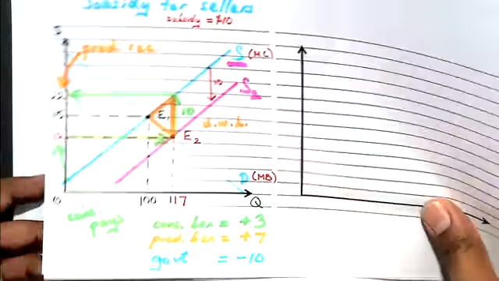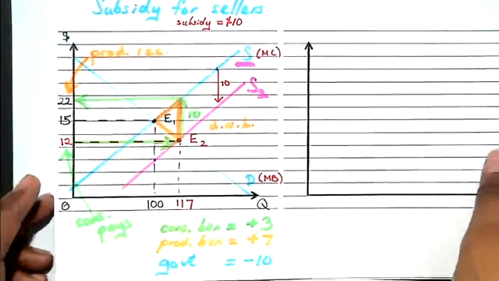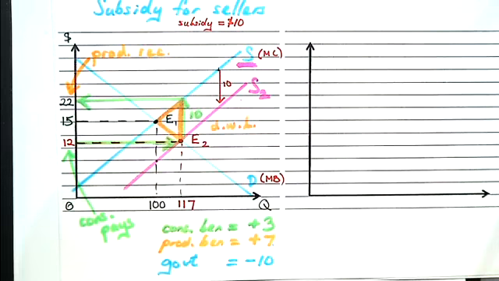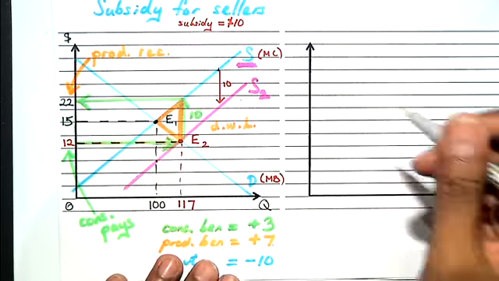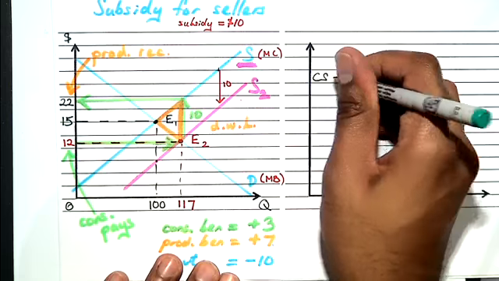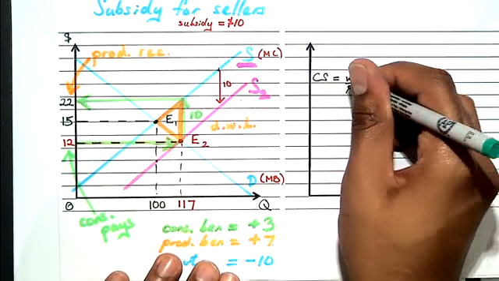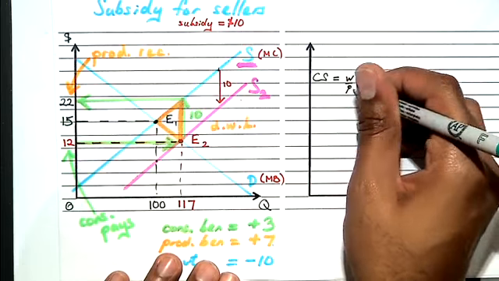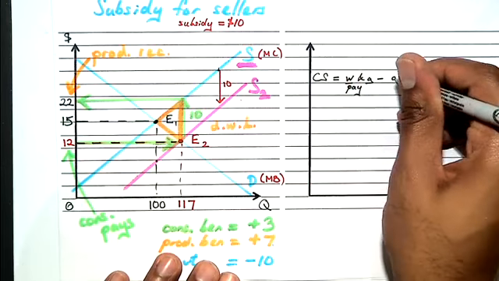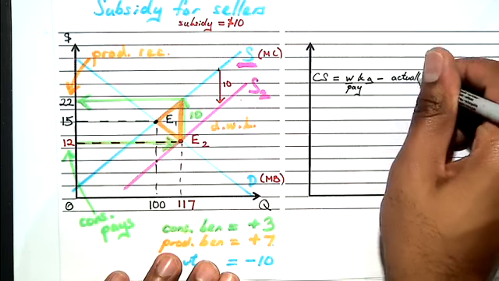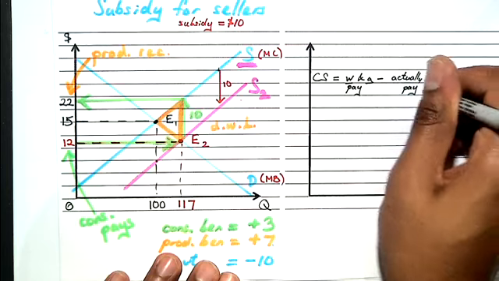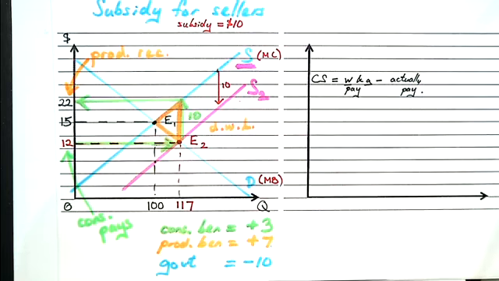It's actually a little bit harder for a subsidy. What's the definition of consumer surplus again? The amount that the buyer is willing and able to pay minus how much they actually pay. So, this is probably the hardest part.